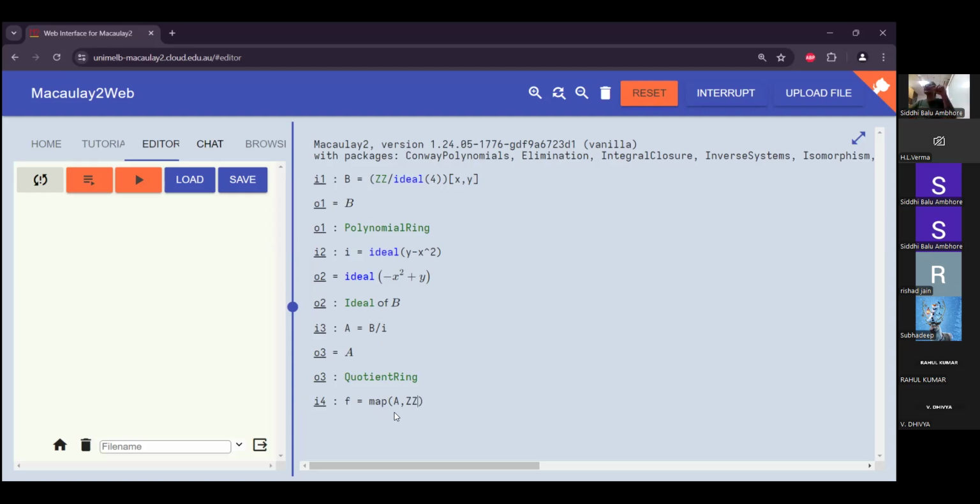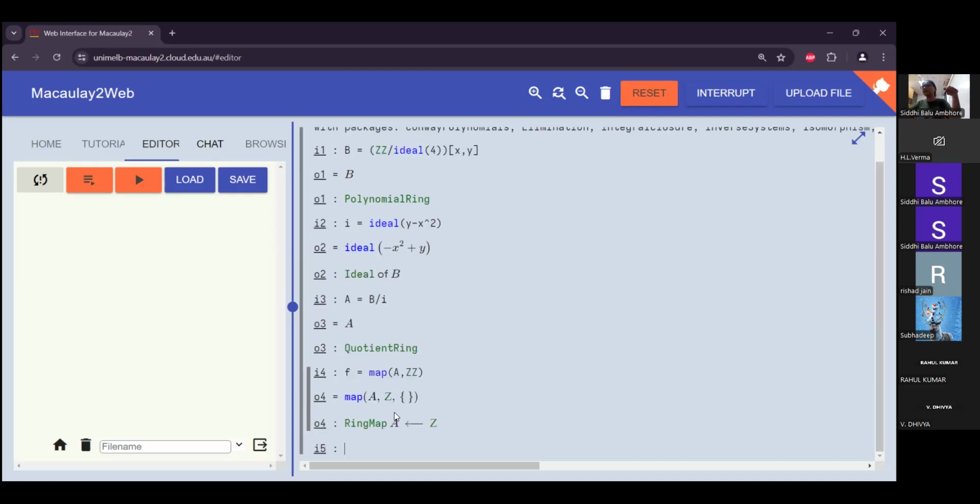And since we know that this map is unique, we don't have to define it. Macaulay 2 already knows what that map is, and it will be directly defined as the map from Z to A.